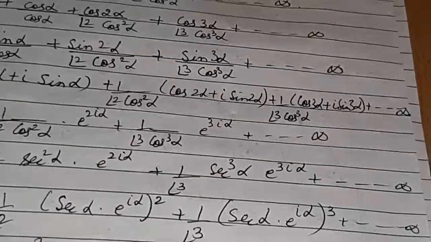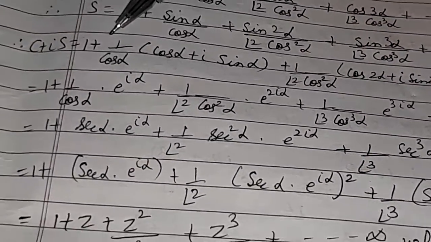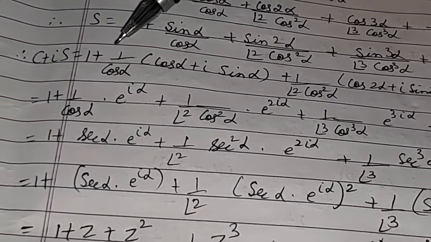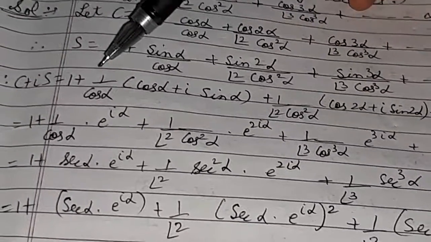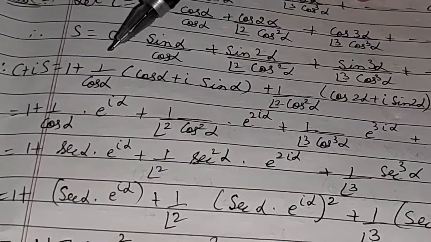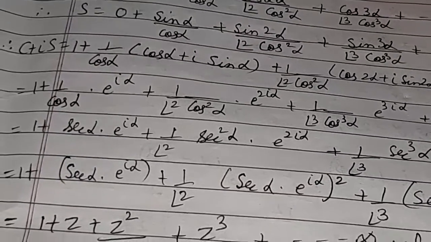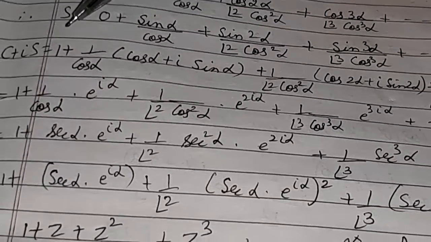Next step is to find C plus iota S, meaning C series as it is and we add the S series by multiplying it with iota. So we will add like terms. First term: 1 plus iota 0 means 1.